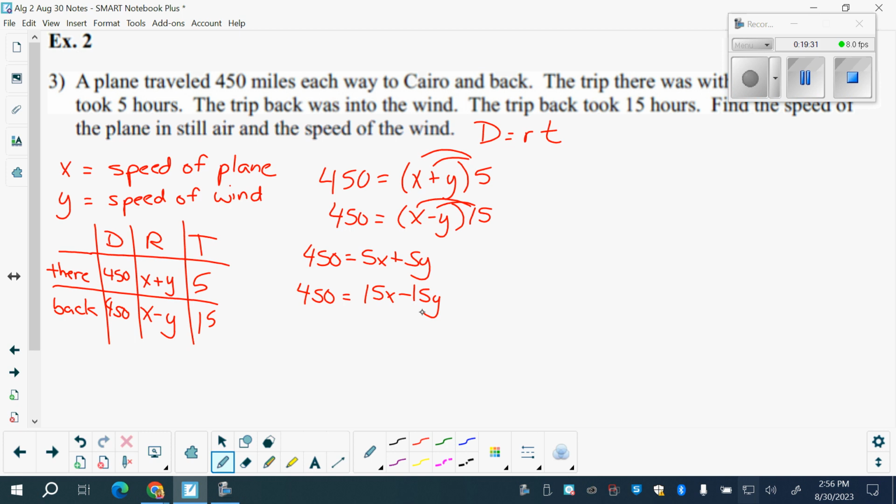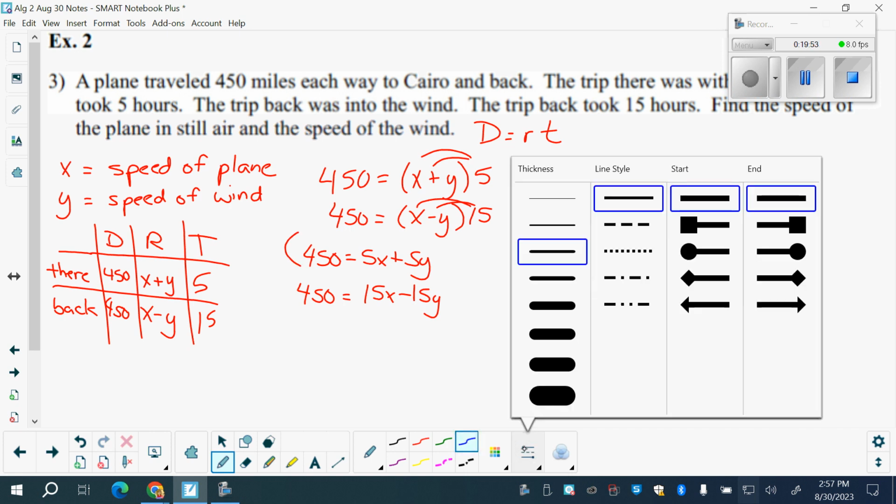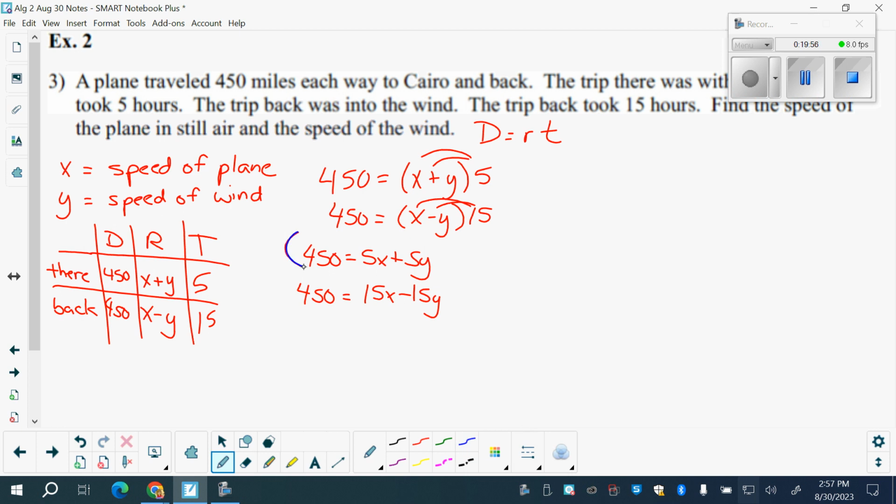So what would we do? We multiply one equation to get them to cancel. This is already negative, so we could multiply this equation by 3. What you said is fine, too. Or if you wanted to multiply by -3 to get rid of the x's, that would be okay too.